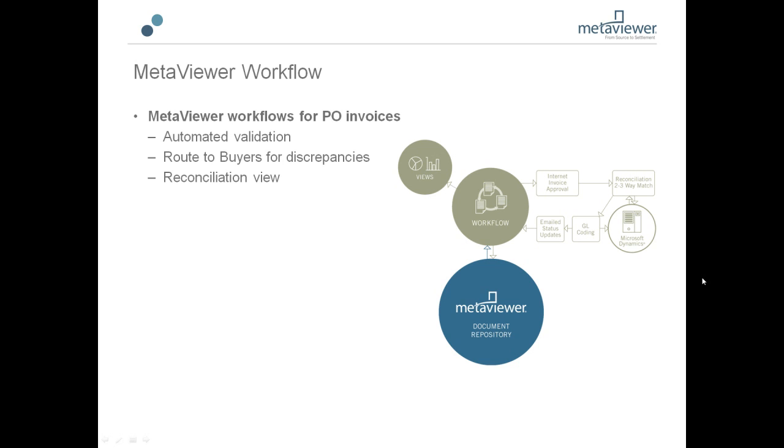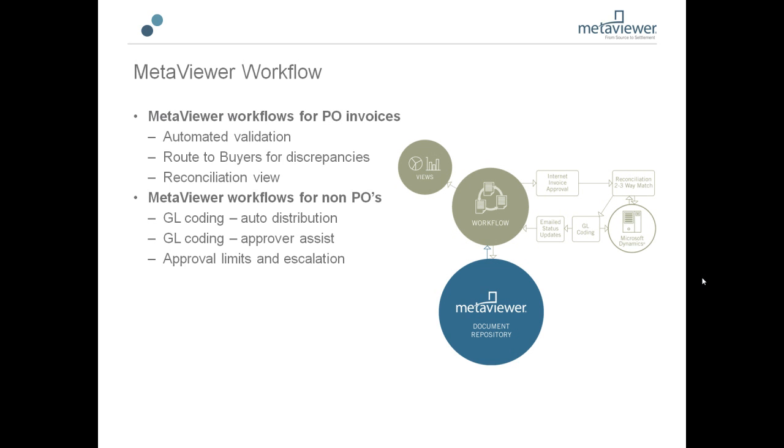For example, PO type invoices, typically workflows surrounding those are auto validation of some of the summary information from those documents, routing to buyers to fix discrepancies, and then giving those users a reconciliation view where we can consolidate the information from the purchase order, from the receiving documents, and an invoice all in one convenient spot. Workflows for non-POs usually center around more of the GL coding of the documents and escalating for approval limits and those types of things.